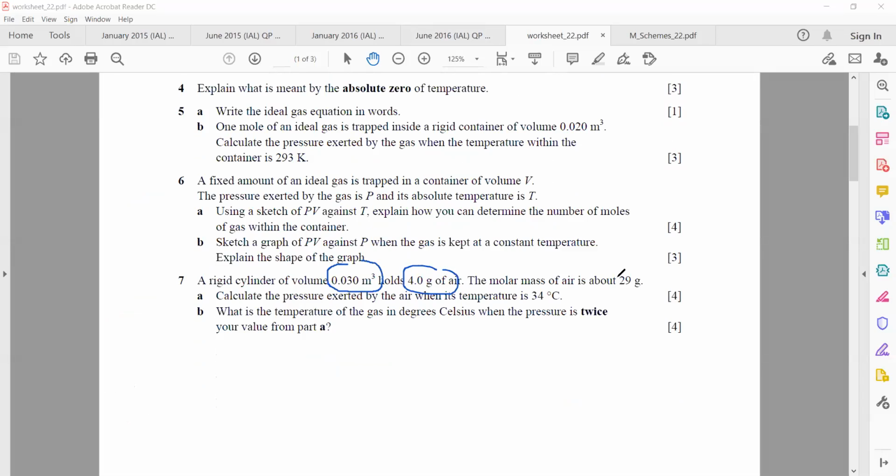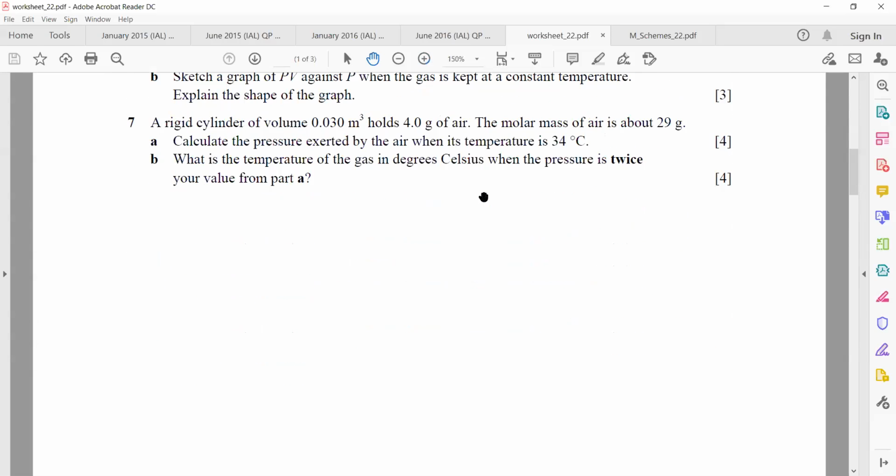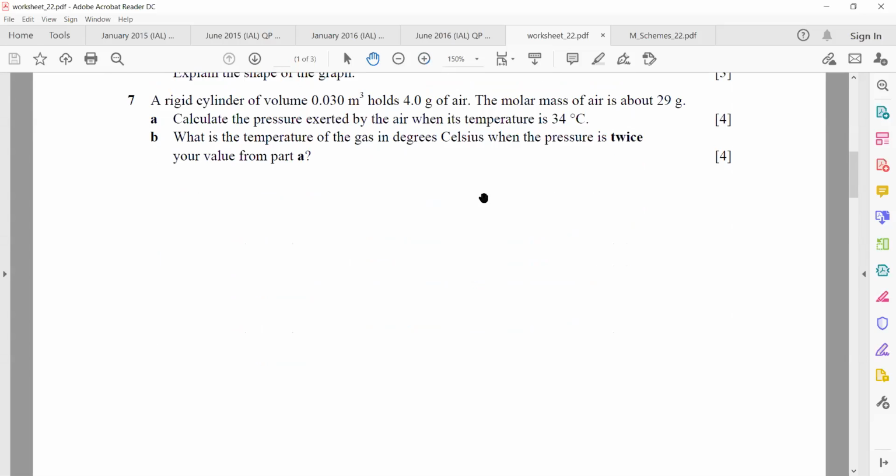The molar mass of air is about 29 grams. Calculate the pressure exerted by air when it is at a temperature of 34 degrees centigrade. Actually, this sheet belongs to physics, so the questions are more towards physics rather than chemistry, but we will only use the general gas equation to solve this. So we have the mass in gram of air and we have the molar mass of air.